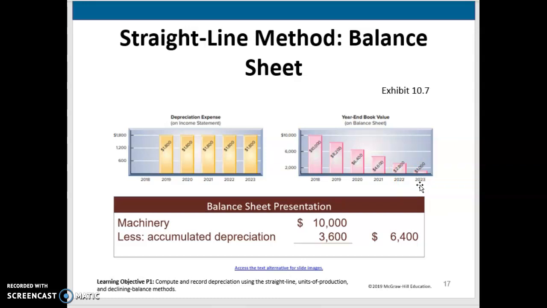What it looks like on the balance sheet, we're going to have our asset listed, less accumulated depreciation. So we report our net realizable value, or our book value is what this is known as. So this $6,400 is book value. It tells you what the asset is worth to you on your books. So the value that is on your books.